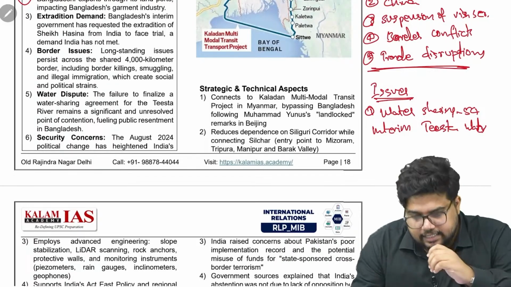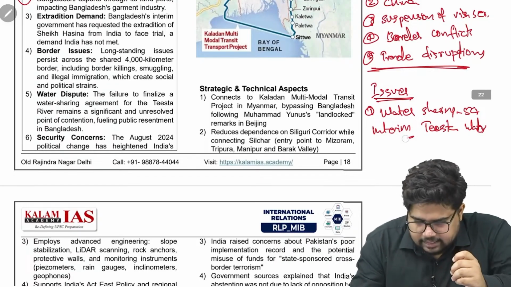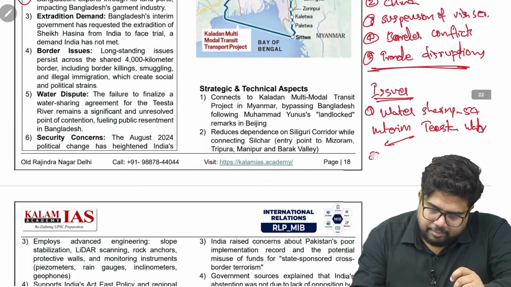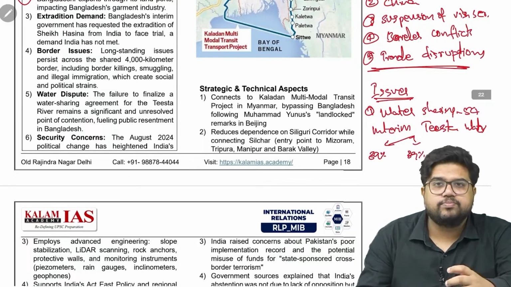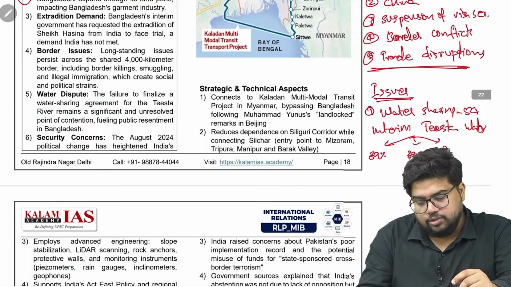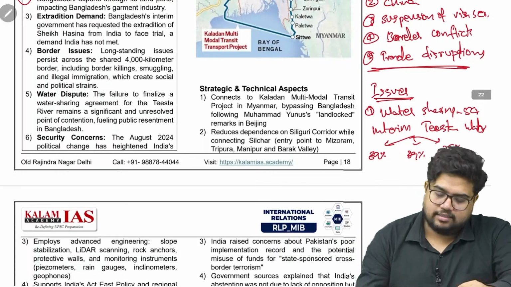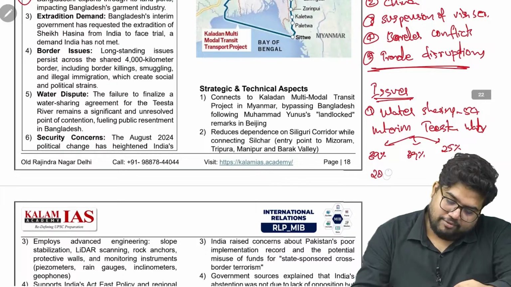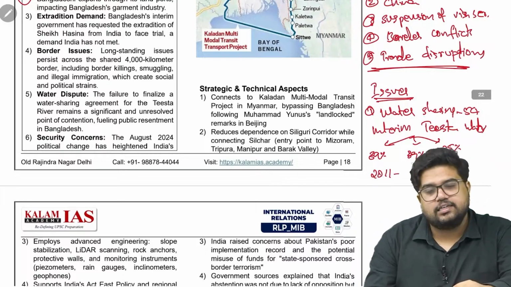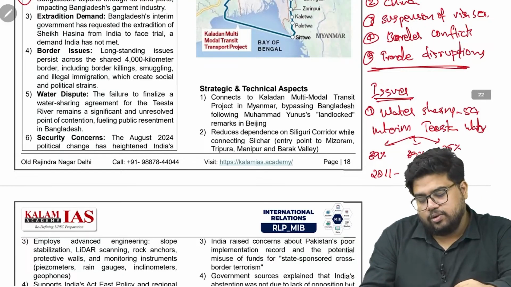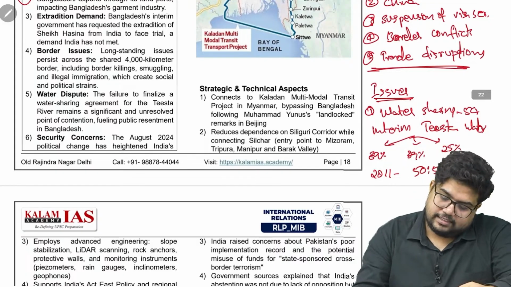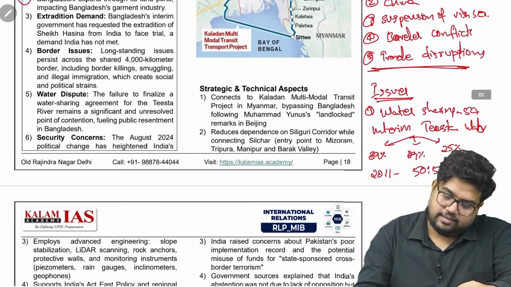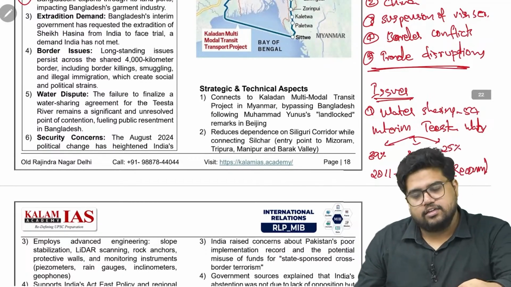What does this treaty say? It says 39% of water to India, 39% of water to Bangladesh, and 25% was undivided. In 2011, after a lot of negotiations, we reached a point where we divide the water 50-50. This was a recommendation in the 2011 negotiations.